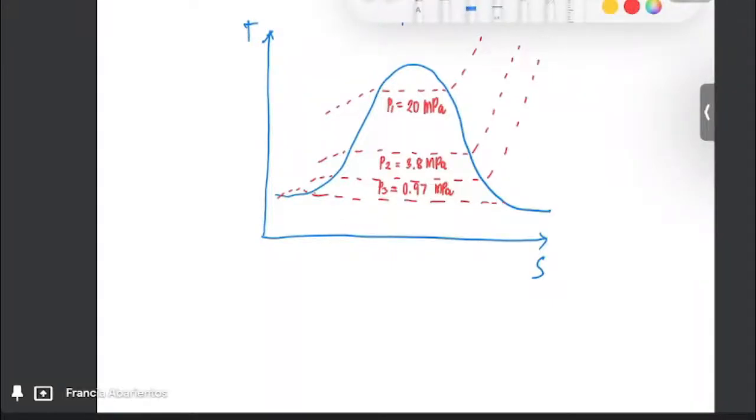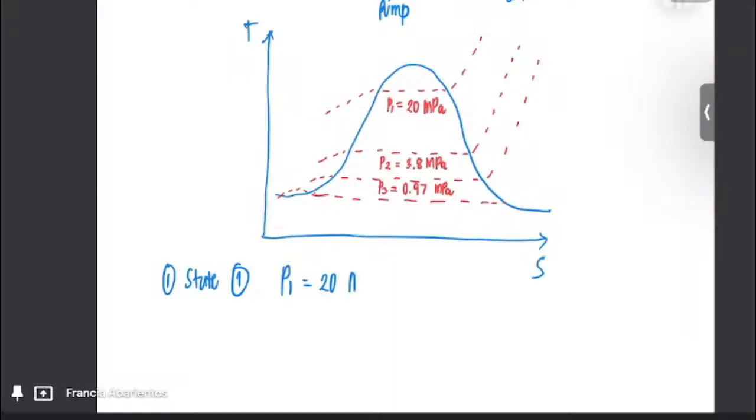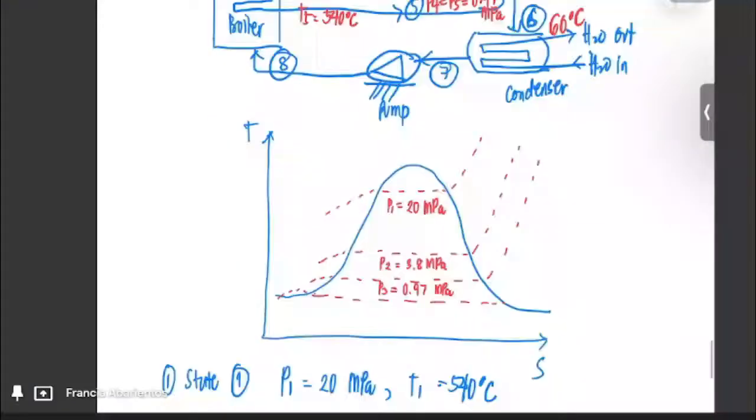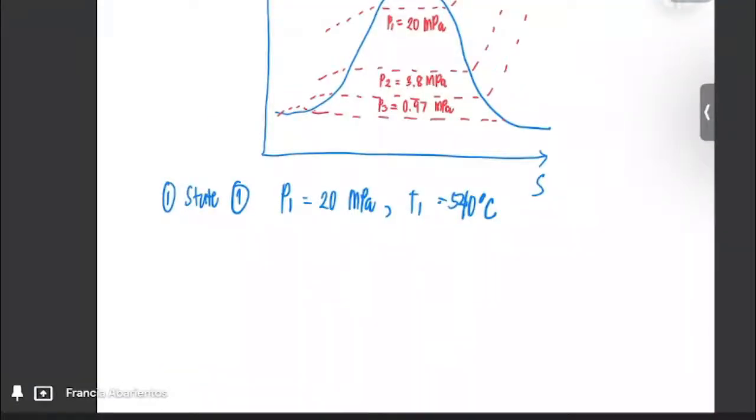Pakita ko lang. So, at state 1, entering the turbine, this is the first parameter, 540 degrees Celsius. Anong table, class?